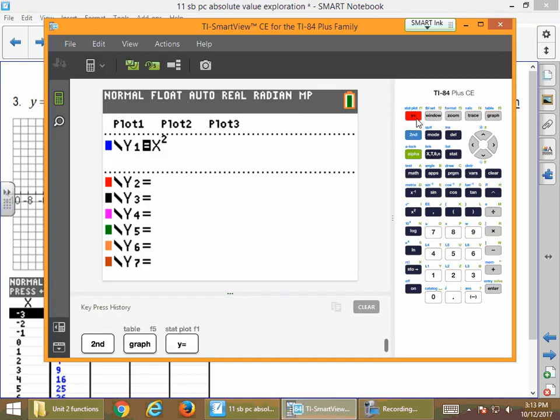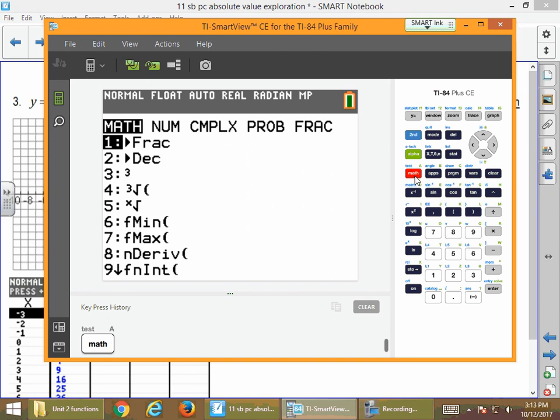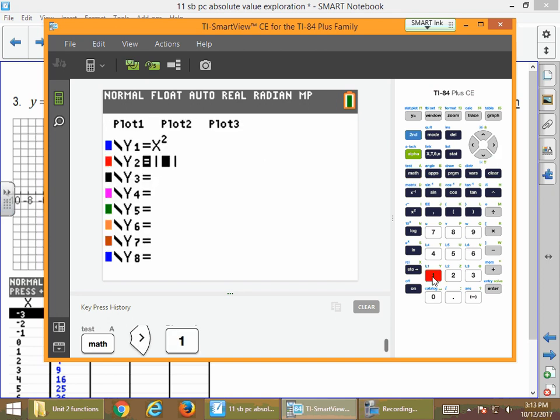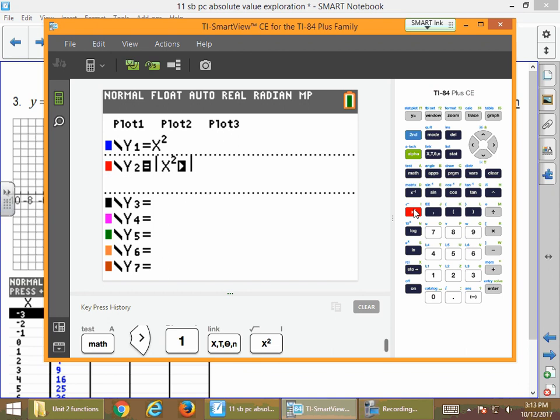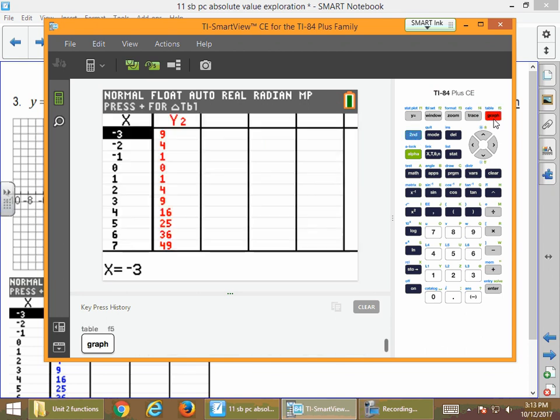So once again, I'm going to turn that graph off for a moment, and we're going to go to math, number, and 1 for the absolute value. Then we get the absolute value of x squared, and let's see what it looks like when we graph it. Well, it looks remarkably the same as what we saw before. And let's verify that it's the same by going to second and graph, which gets us up to the table values.